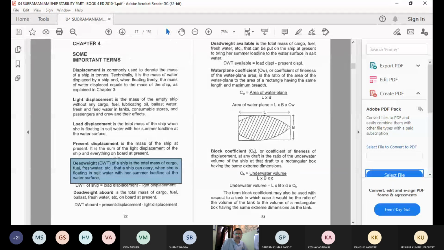And dead weight minus the bunkers will give you the amount of cargo that you can carry. Dead weight aboard is the total mass of cargo, fuel, ballast, fresh water on board at present. So present displacement minus light displacement will give you the dead weight aboard. Dead weight available is the load displacement minus the present displacement. That will give you the dead weight available.